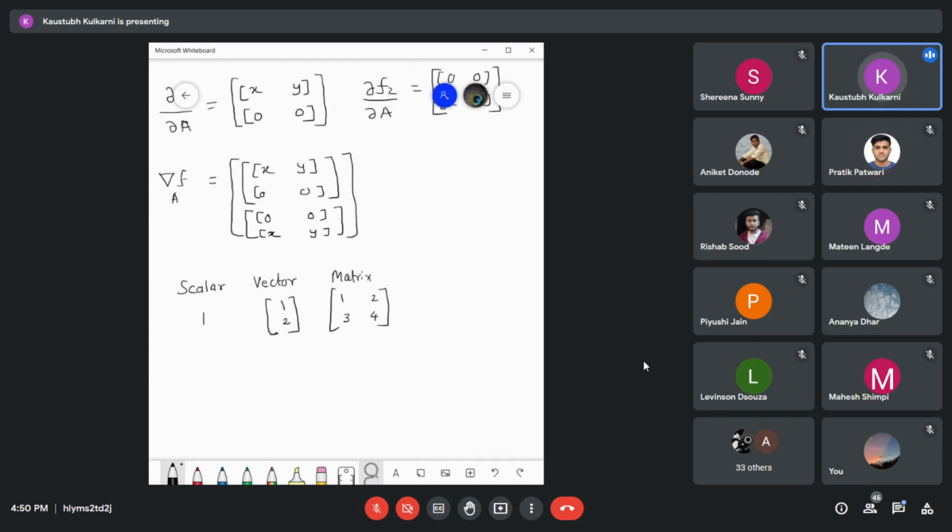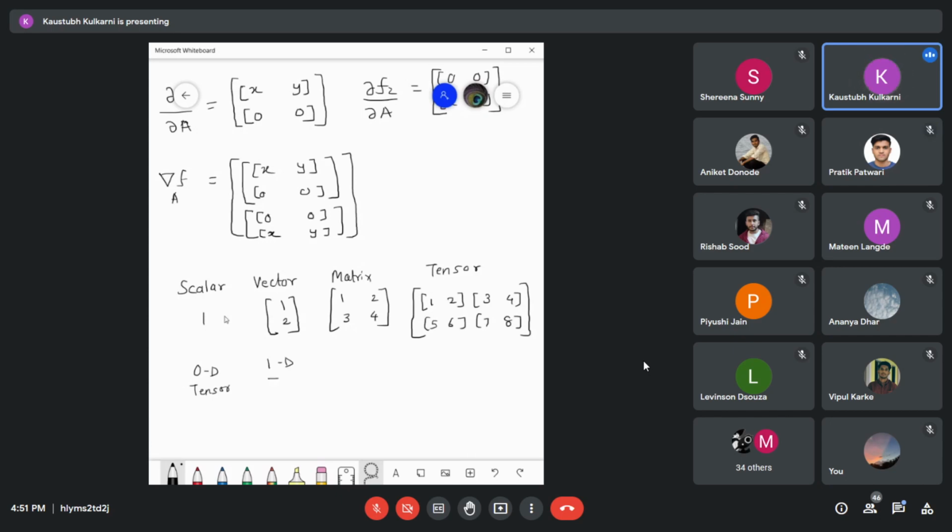Now, a tensor looks like this. It's a four-dimensional entity. After defining tensors, we can say that all of these that we studied earlier are in fact tensors. A scalar is a zero-dimensional tensor.